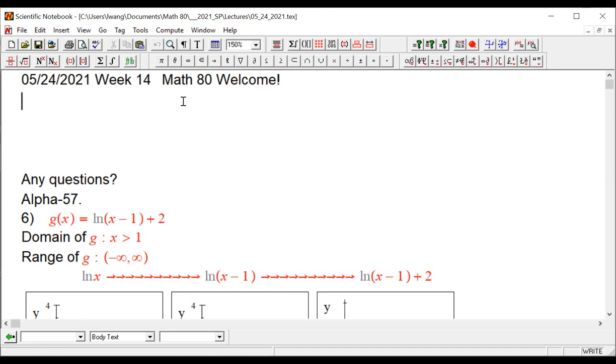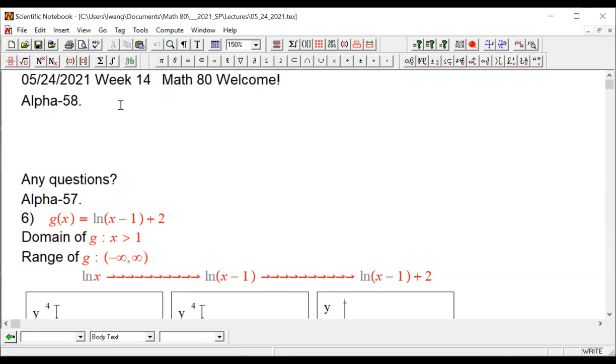So let's get to alpha 58. Get your paper and pencil ready, and we're going to see how to deal with these kinds of questions.